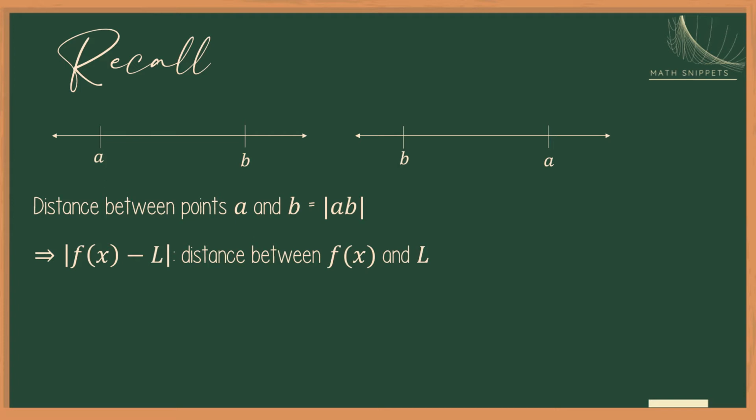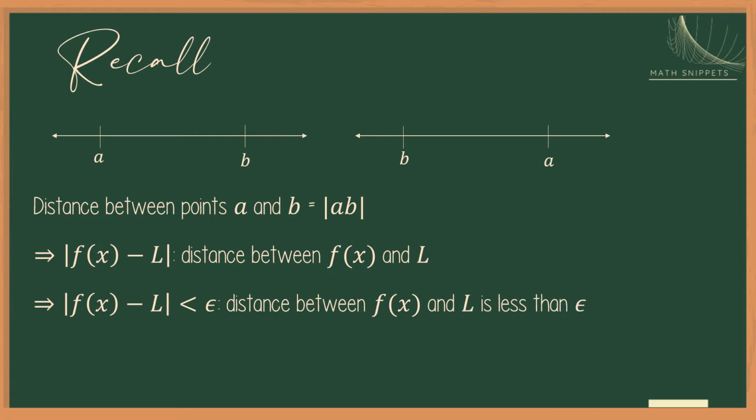We can also restrict the distance to have a ceiling or a maximum value. Like this, the distance between f of x and L is less than epsilon, meaning f of x is not far from L by epsilon.